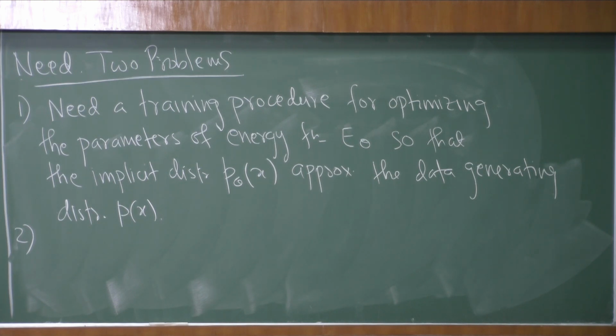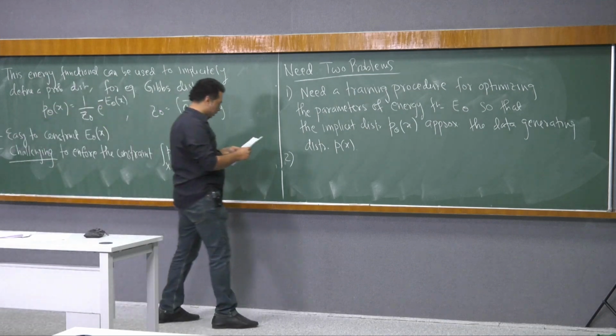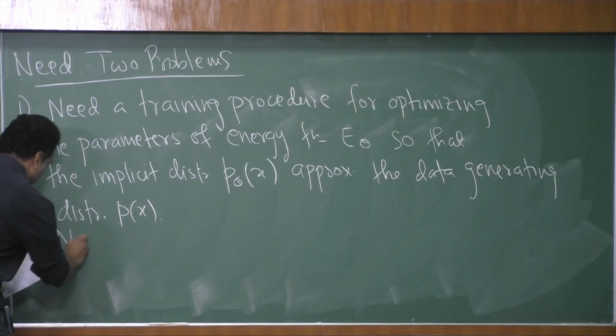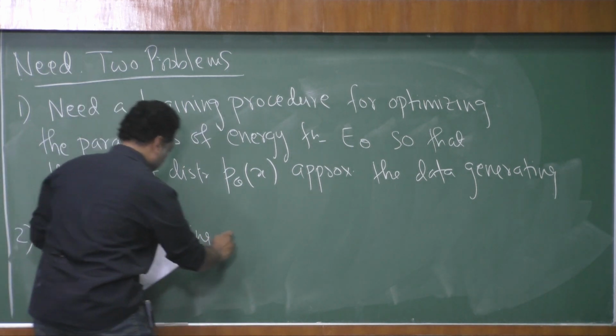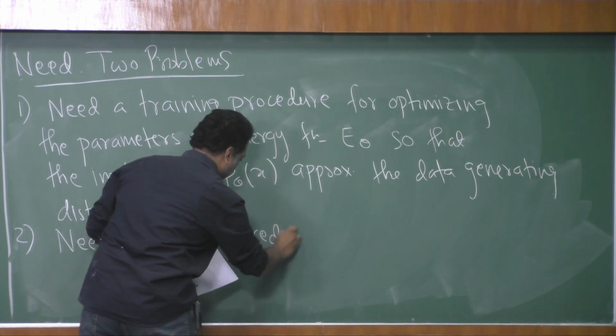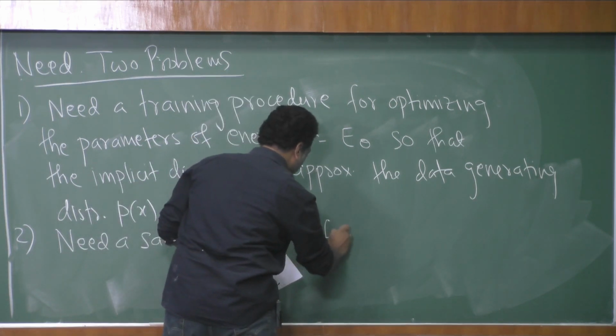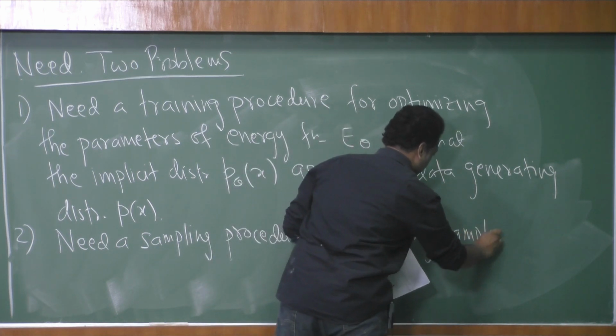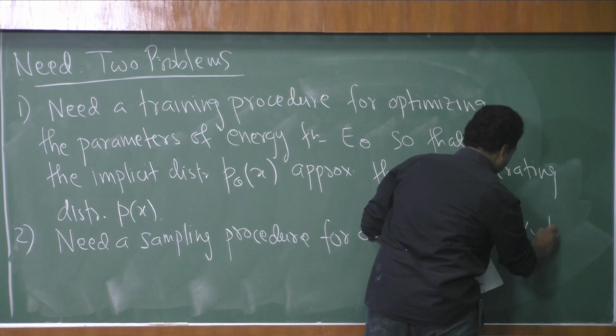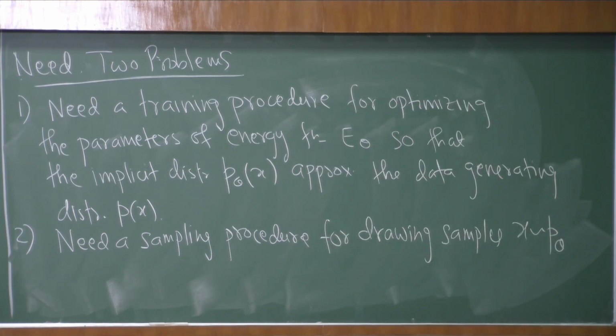So the second problem is we need a sampling procedure for drawing samples x from p theta. And as I said, sampling is not easy, because even if you learn this, to sample you need this also.